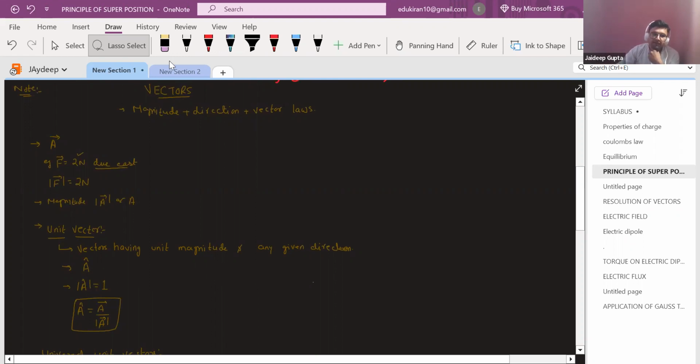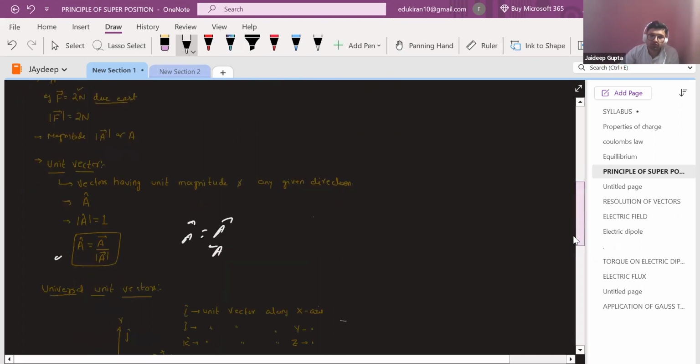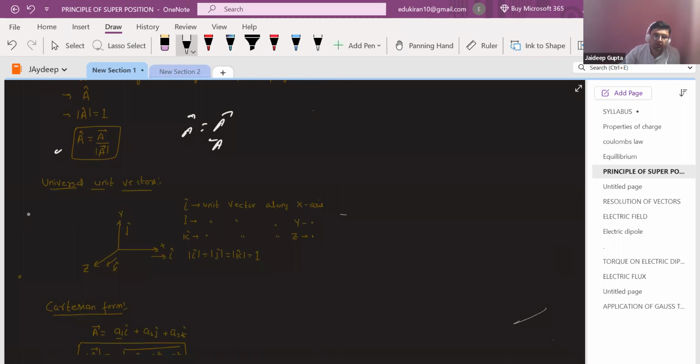Let A be any vector. It is denoted by A cap, its magnitude is 1, and the formula is A cap equals A vector over A magnitude. Now the unit vectors i, j, k are orthogonal, which means all three vectors are perpendicular to each other.